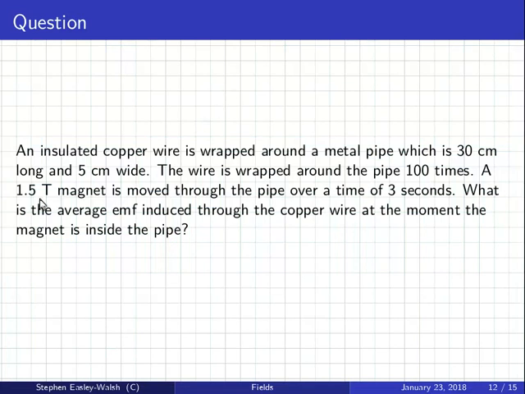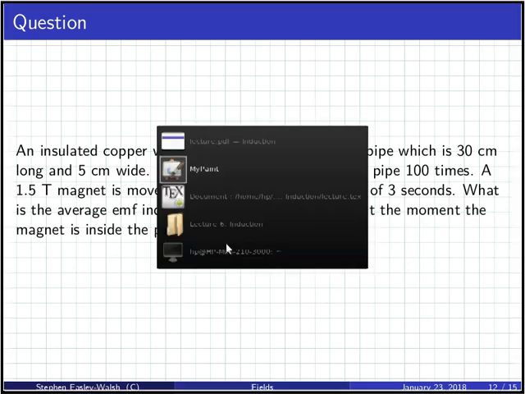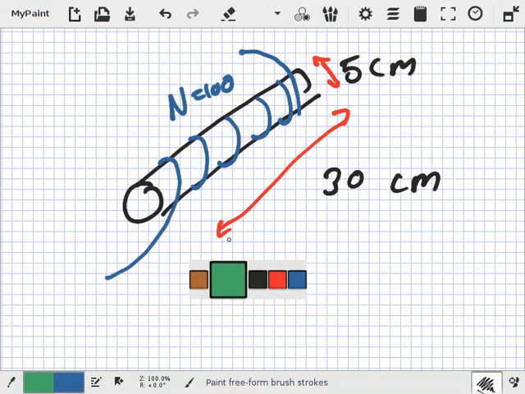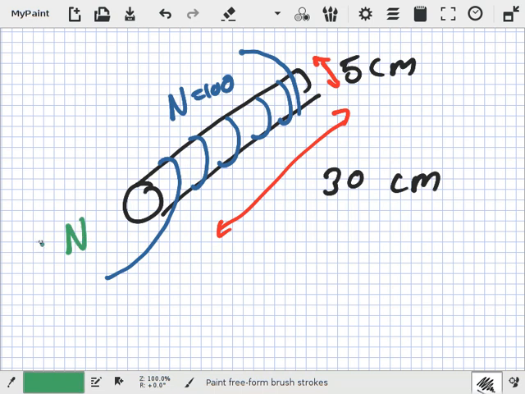And we take a magnet of 1.5 Tesla, and that's moved through the pipe over a time of 3 seconds. What is the average voltage induced through the copper wire at the moment the magnet is inside the pipe? The question's a little bit unclear, so I'll draw it to be clearer. We have a magnet here that's 1.5 Tesla, and we move the magnet to be inside the pipe.